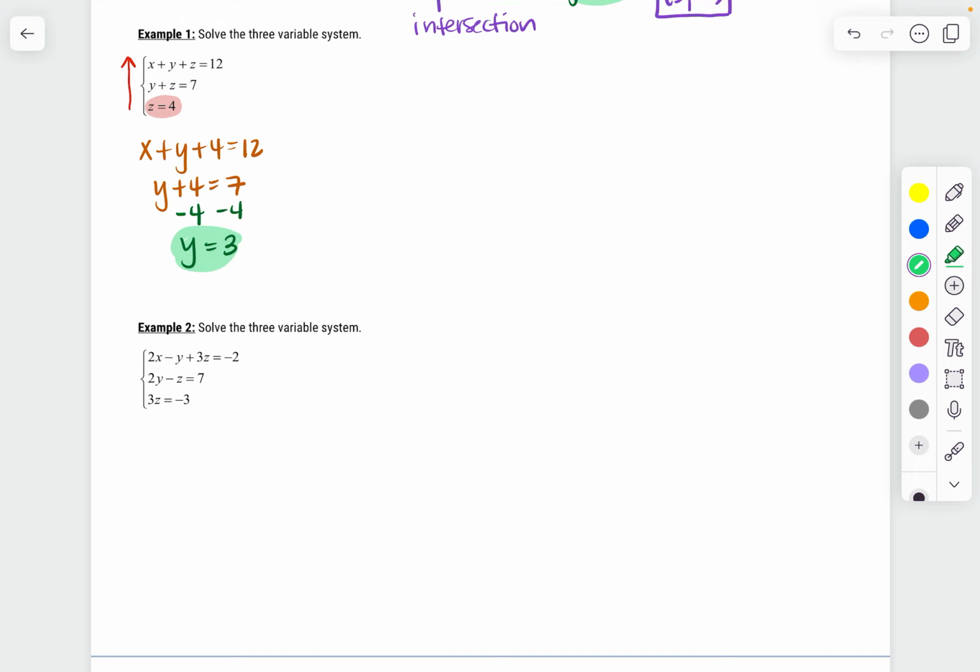I now know z, I now know y, and so I can take both of those and plug them into the first equation. So let's go back to a pen. x plus 3, because that's what the y value is, plus 4, because that's what the z value is, equals 12. So that gives me x plus 7 is equal to 12. And if I subtract 7 from both sides, x is equal to 5.